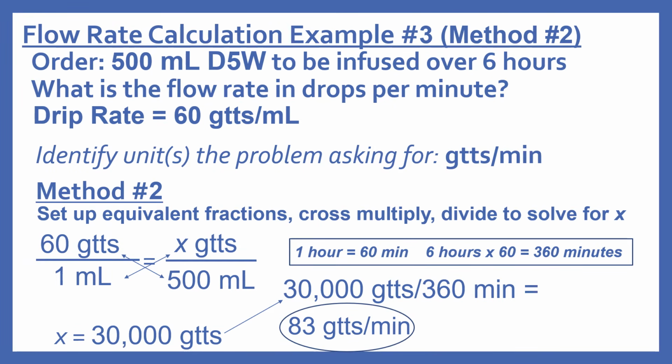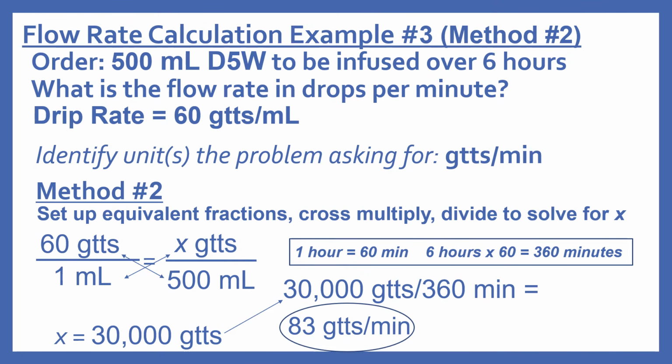Okay, now we'll look at example number 3 with method number 2. Our order is 500 milliliters of D5W to be infused over 6 hours. What is the flow rate in drops per minute? And our drip rate is 60 drops per milliliter. So if we identify our units, we're looking for drops per minute. And with method 2, we'll set up equivalent fractions, cross multiply, then divide to solve for x.